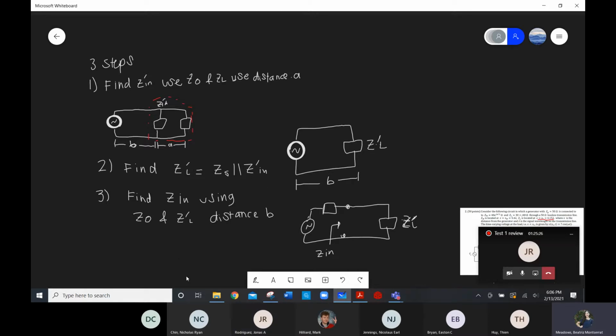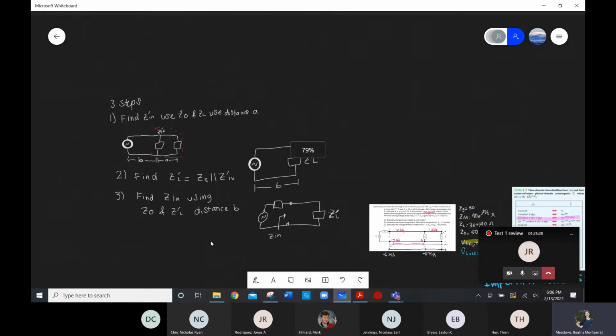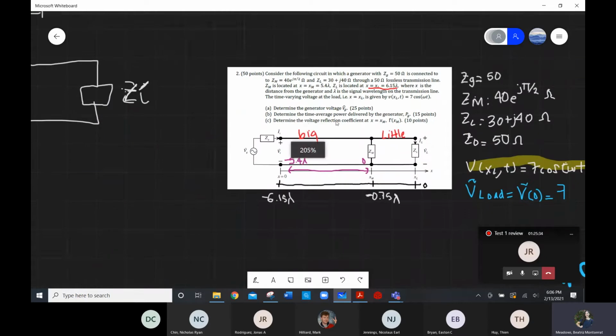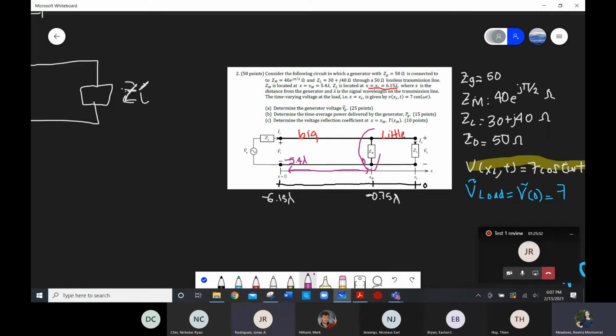So we need many things to begin this problem, because let's just look at part A. Determine the voltage at the generator, right? To find the voltage at the generator, I need to break this transmission line into the big one, okay? But to be able to do that, I need to find out what the impedance is here.